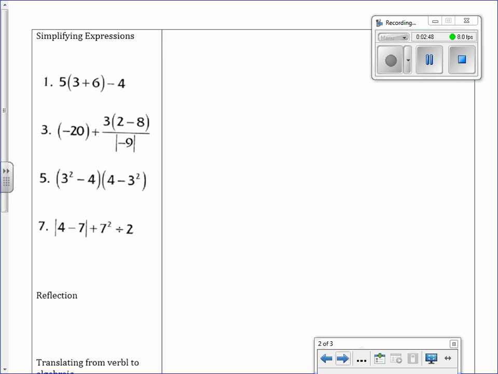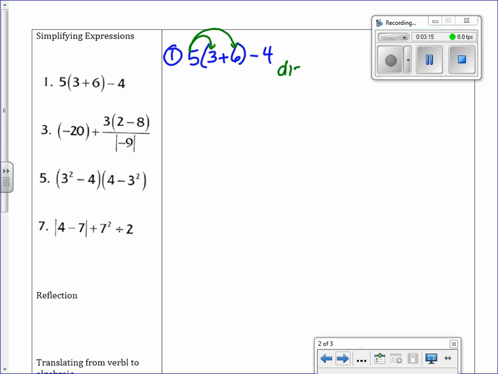So for number 1, again, we could go ahead and do the grouping symbol, solving the parentheses, but just for this, I'm going to go ahead and use the distributive property when I solve this expression. I can use the distributive property by multiplying 5 times the 3 and 5 times the 6.